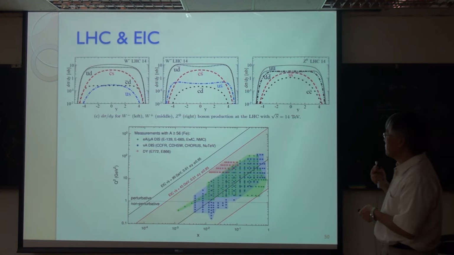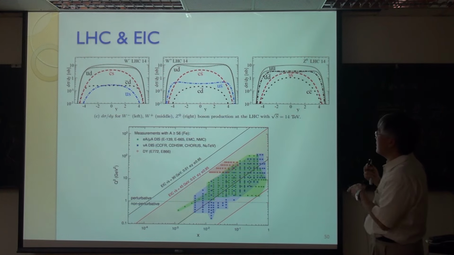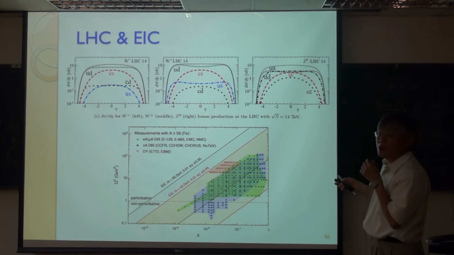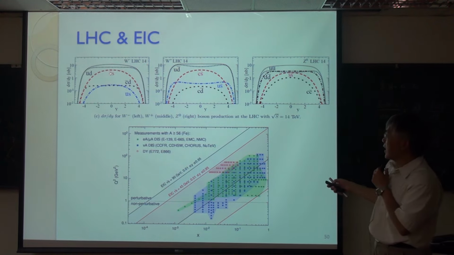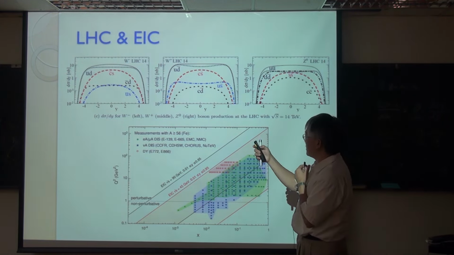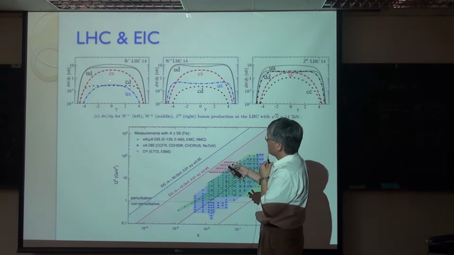Okay, so the final point I want to make is for the LHC, actually through the W and the Z measurements. For example, here is a plot showing the LHC at 14 TeV. Because it goes to a very small X region here, previously the U bar and D bar contribution was completely dominant. But right now, when you go to higher energy, the mid rapidity is really shifted to a very small X region.